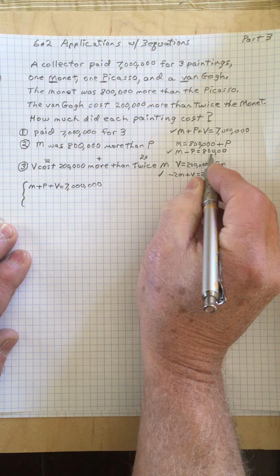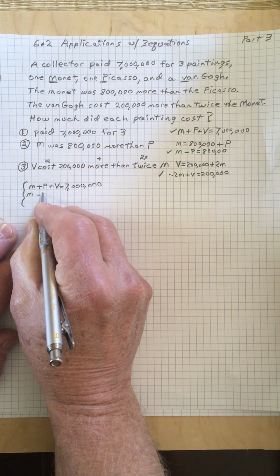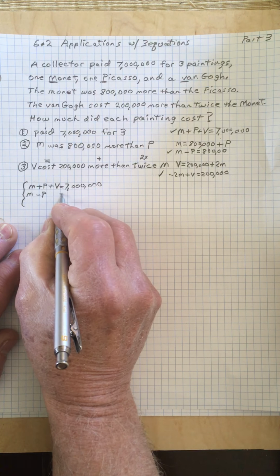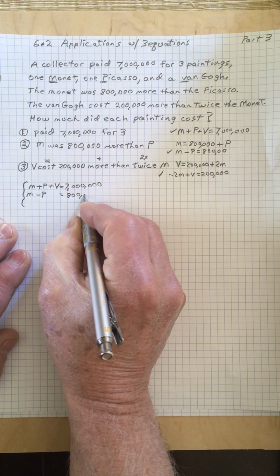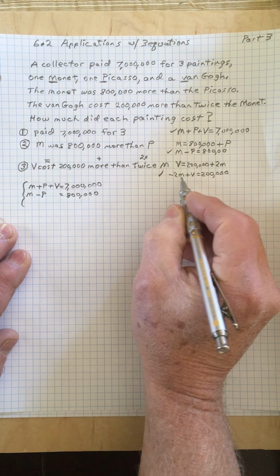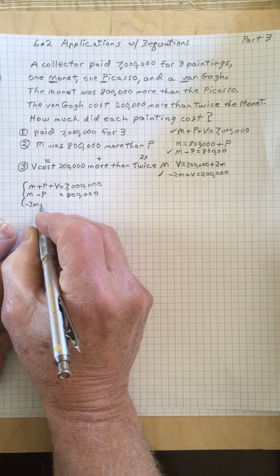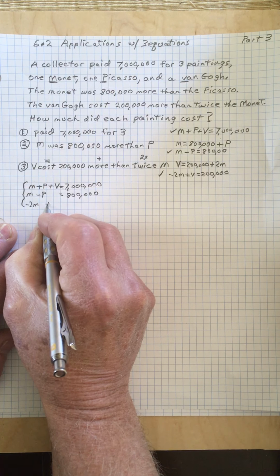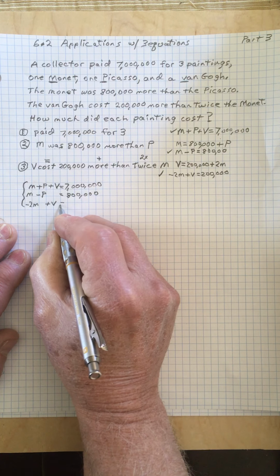Equation number 2, we're going to use this. And finally, equation number 3, we're using this one. And I'm going to kind of keep things in columns here. Makes it a little nicer.